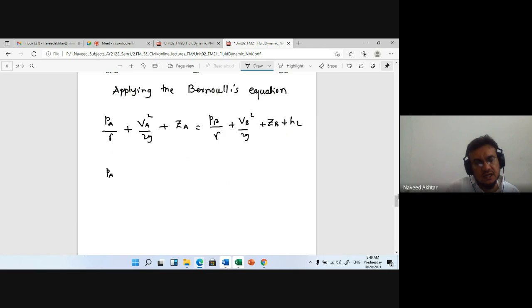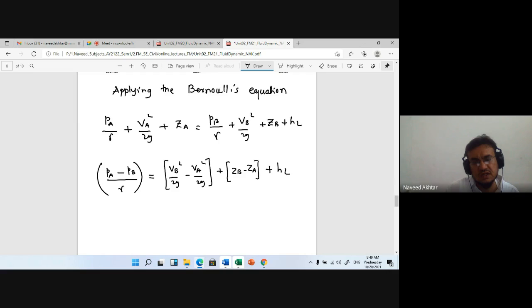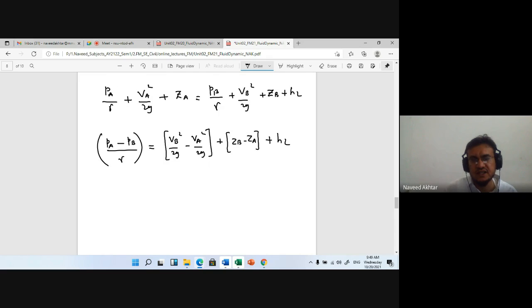So Pa minus Pb divided by gamma on my left side is equal to, now take similar terms to one side, Vb square upon 2G minus Va square upon 2G, okay, plus Zb minus Za plus HL. Okay, so we have modified this Bernoulli's equation and we put the values.